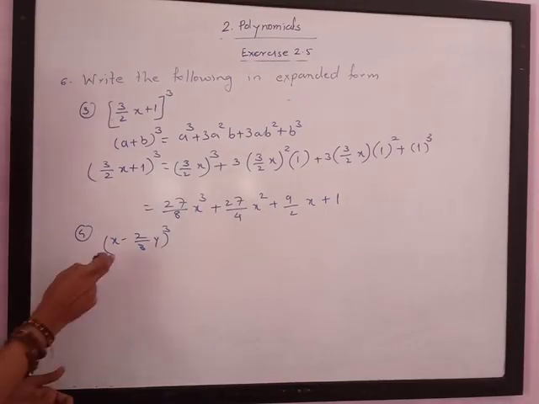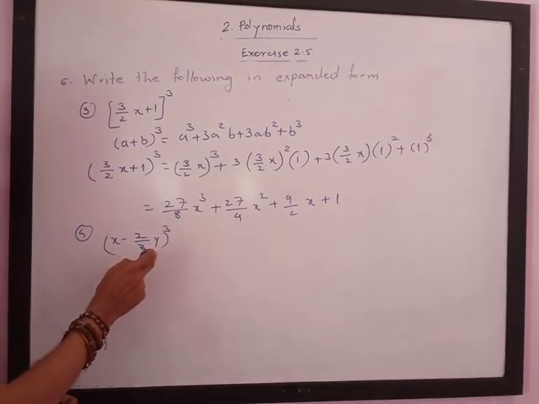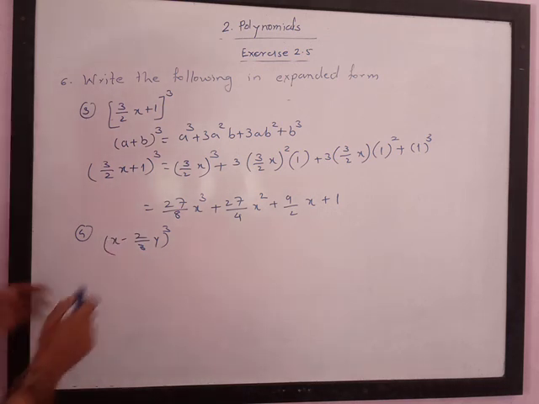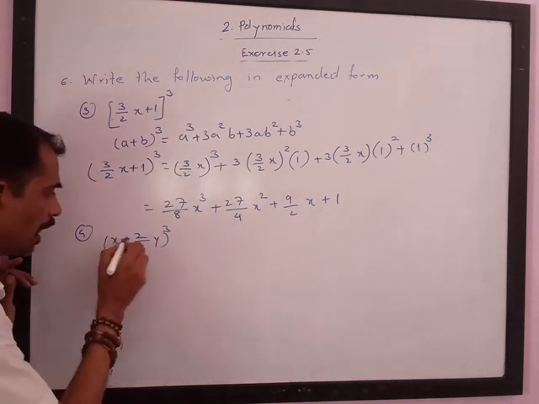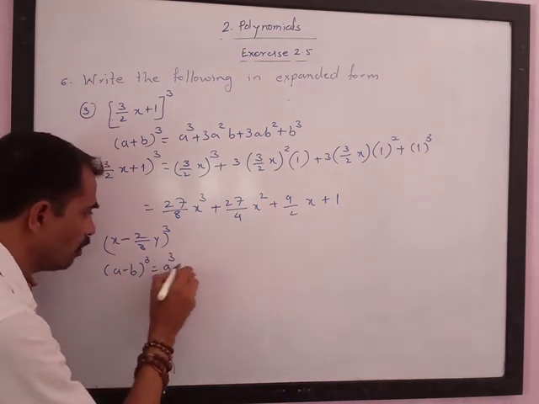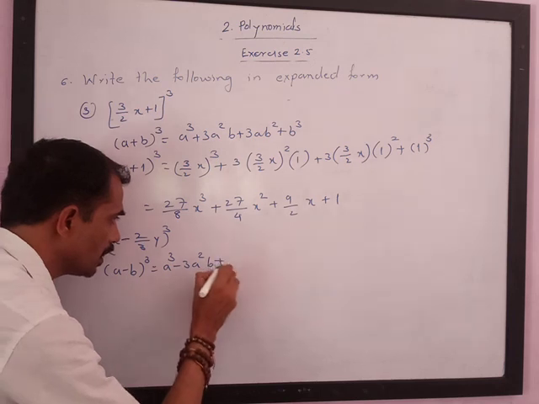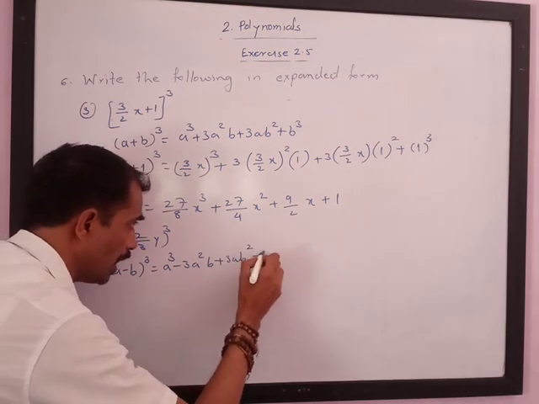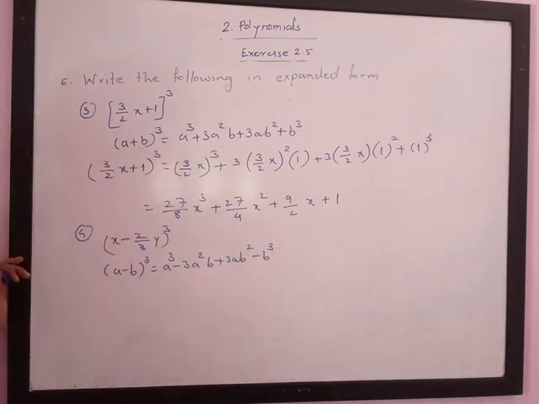Next question is x minus 2 upon 3y bracket cube. Now please understand, this is of a minus b bracket cube form, that is equal to a cube minus 3a square b plus 3ab square minus b cube. Please understand, negative signs are alternate.